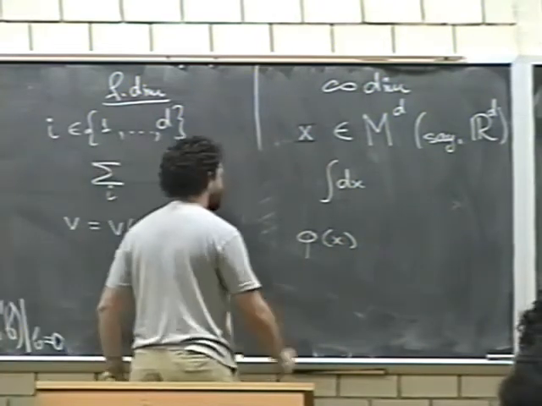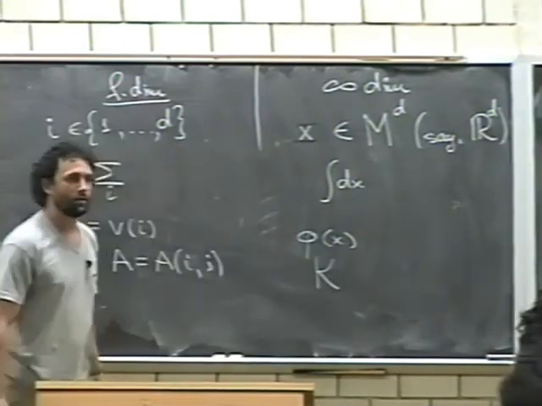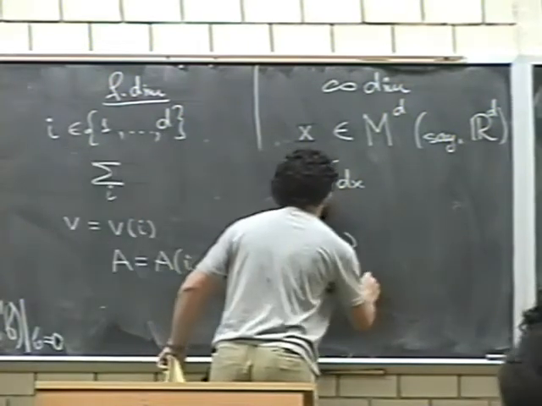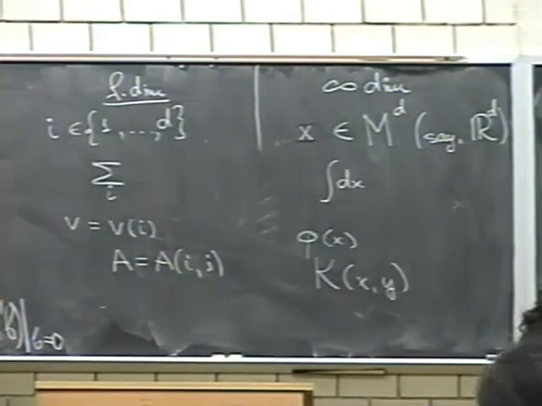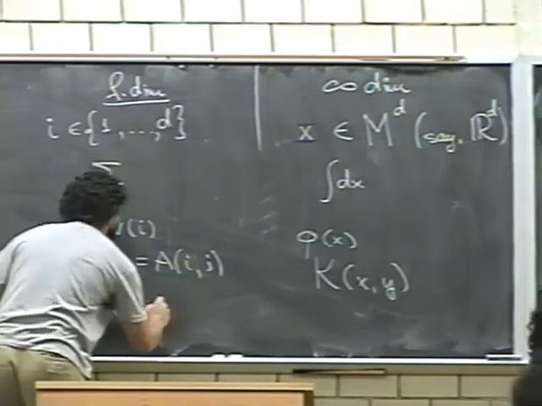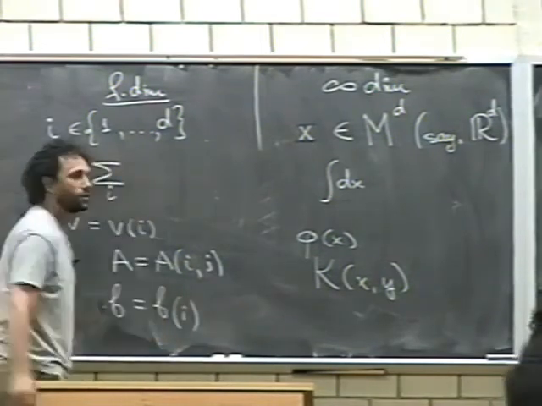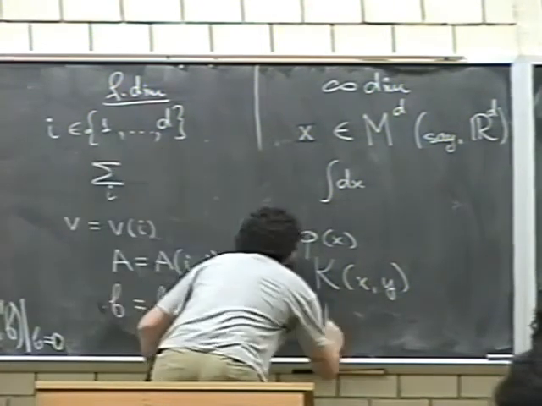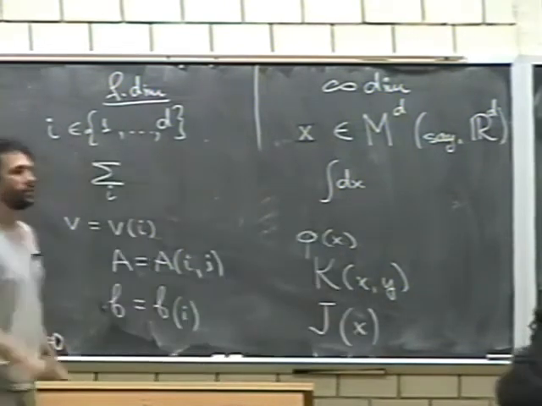Here I will call it K, the kernel, which depends on two variables x and y. Similarly, B, which was a vector and depended on only one coordinate, will now be some function which I'll call J of x, just of one variable.